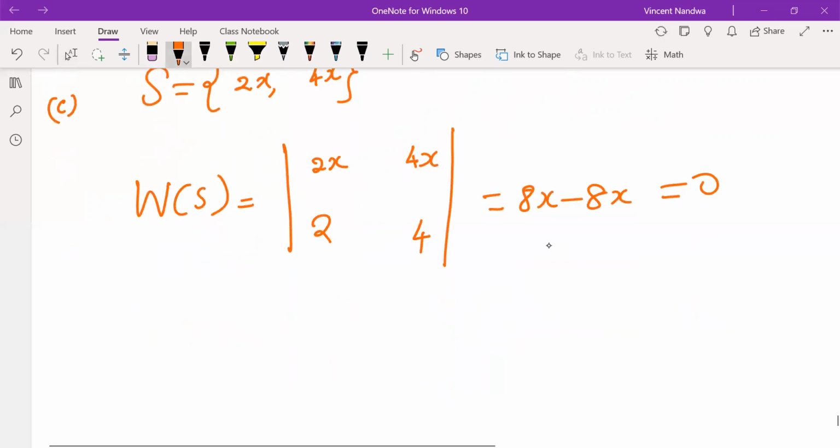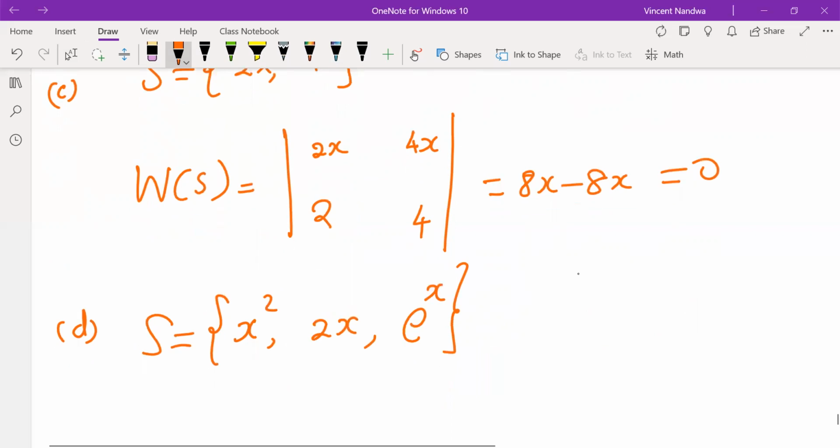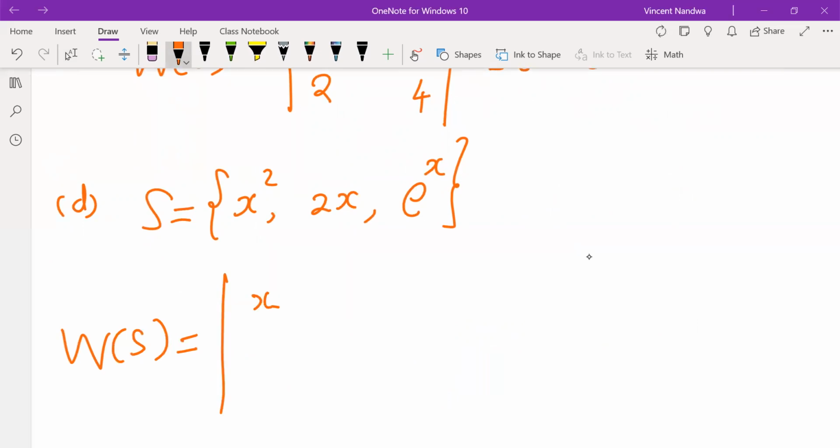And if I say D, if the set S is given by x squared, 2x, and then e^x. So the Wronskian of this set will be the determinant x squared, 2x, e^x.